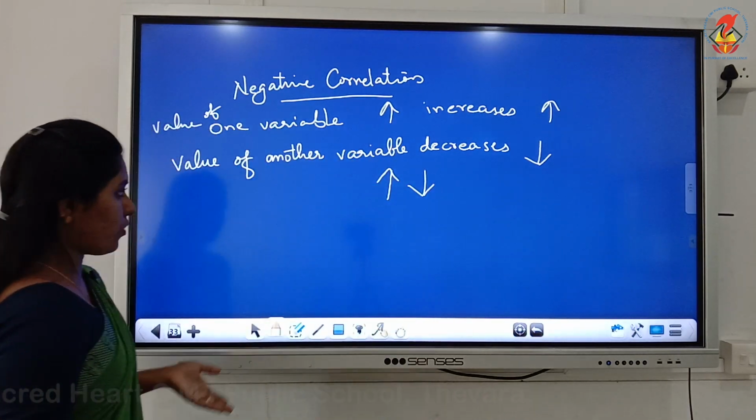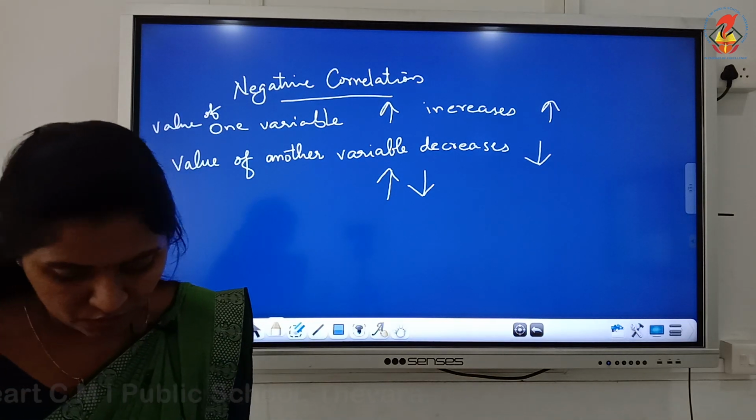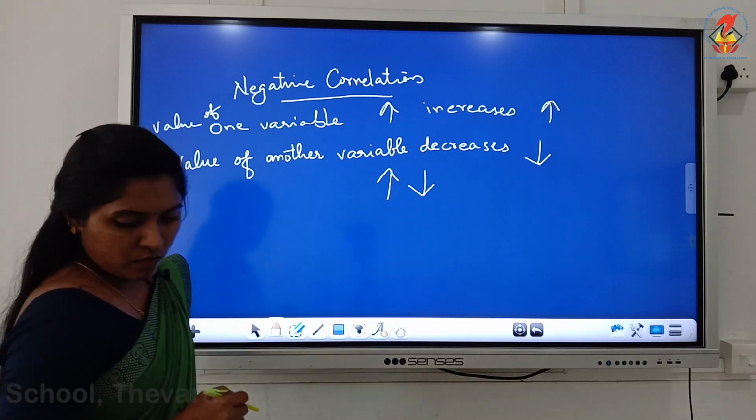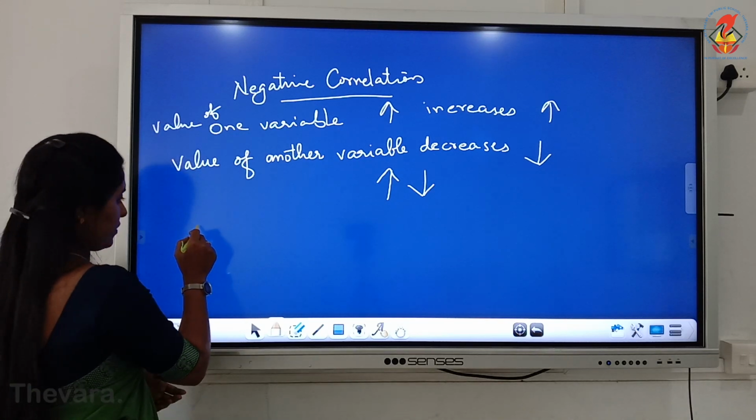An example for negative correlation is a train.